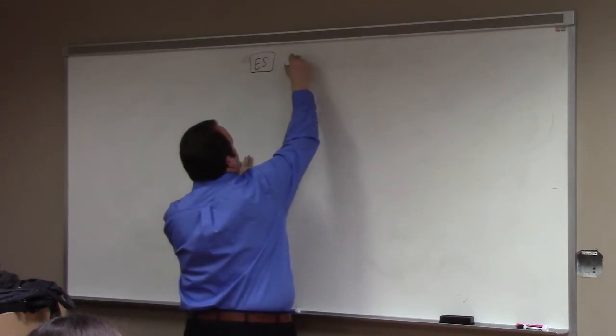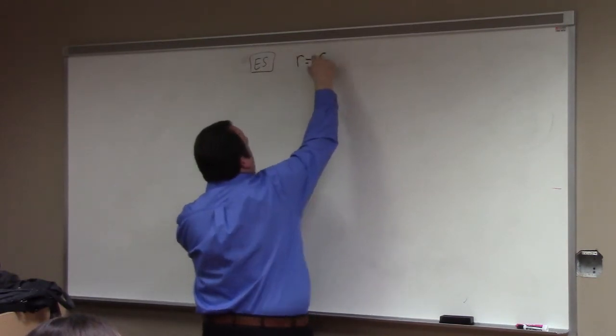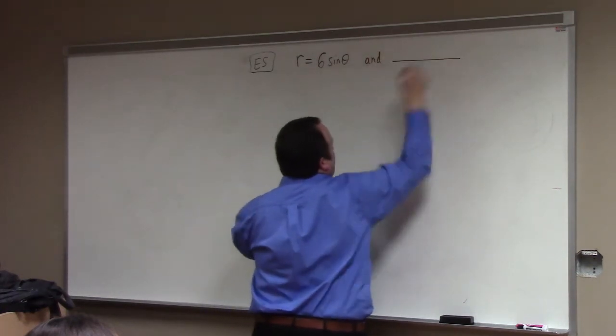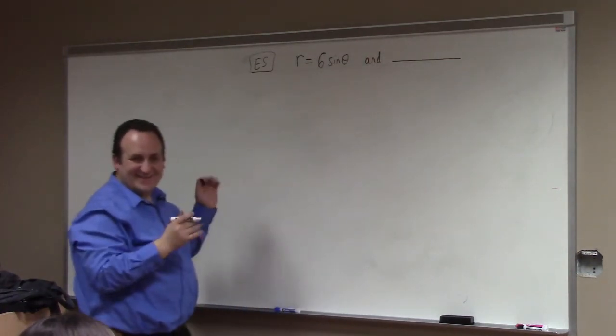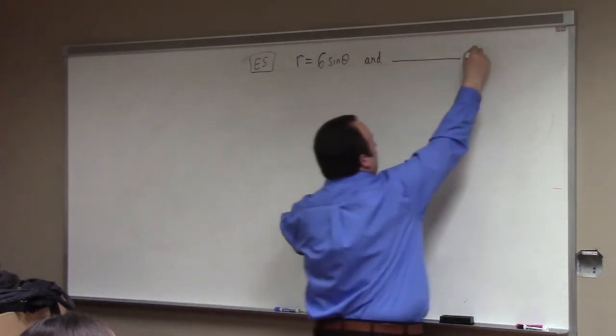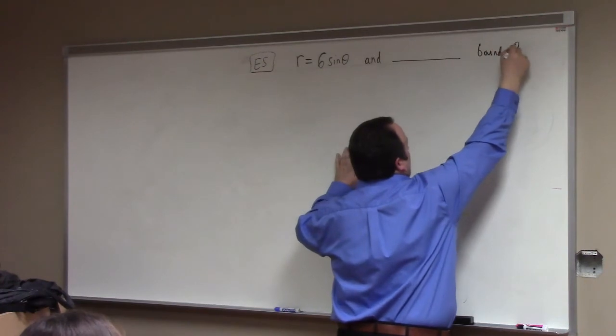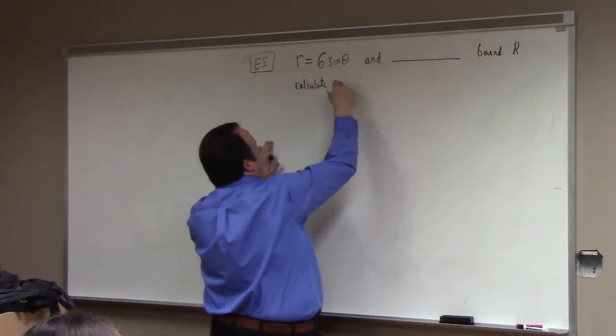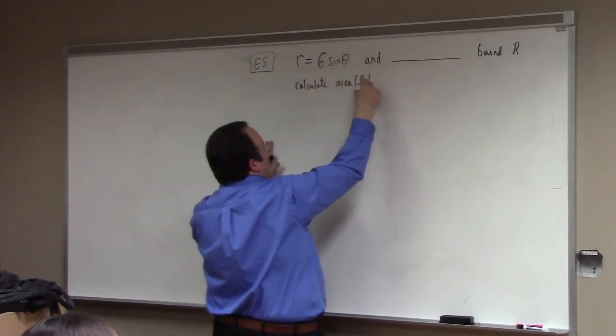Suppose we're looking at r is equal to 6 sine theta and something else that I'll add in a second, okay? First of all, what is r equal? We want to look at this and this bound, some region r, calculate the area of r, right?